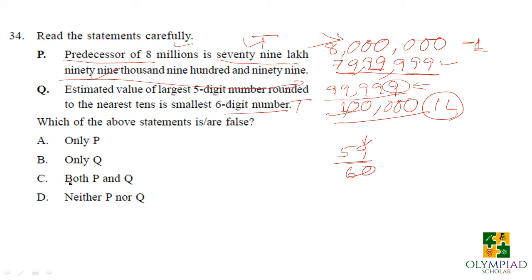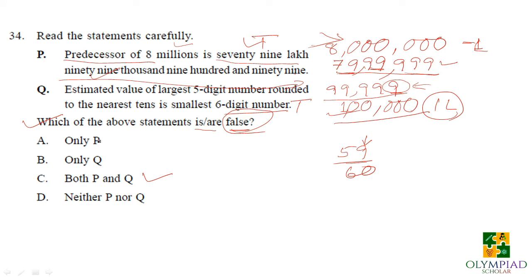So the option that both P and Q are true. But you have to check what the question is asking. Okay, don't make a mistake by clicking option C. It is asking which of the above statements is or are false. We don't have to find an option which is true, rather we have to find the option which is false.